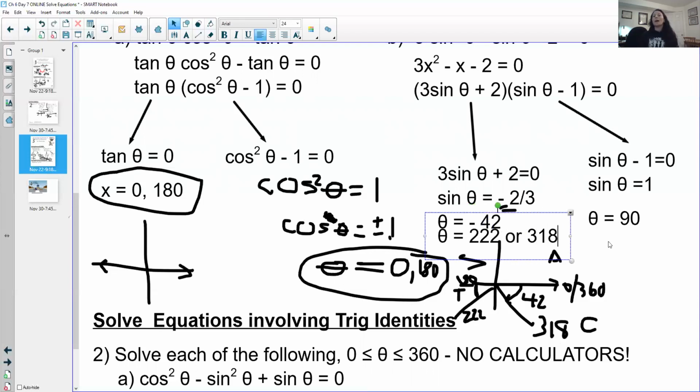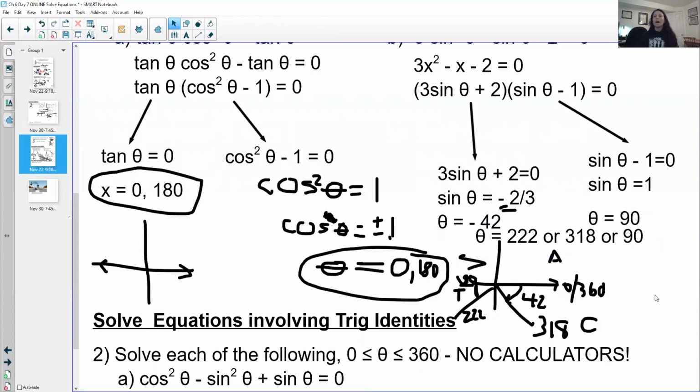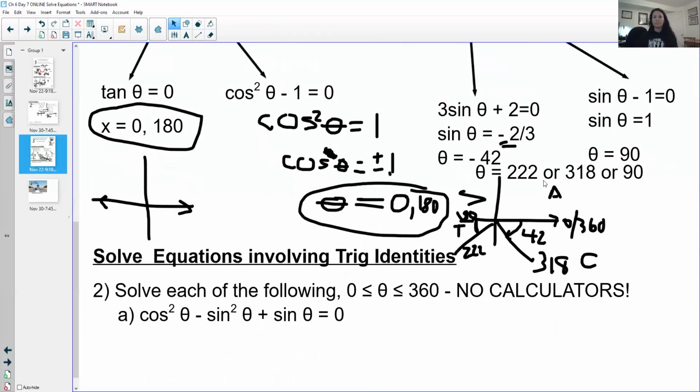Okay, so as your final answer, theta is 222, 318, or 90, because we have 90 from this side as well. So these are your 3 possible answers for this question. Okay, so this is really all that you're doing. Is you can factor, you can solve for theta.